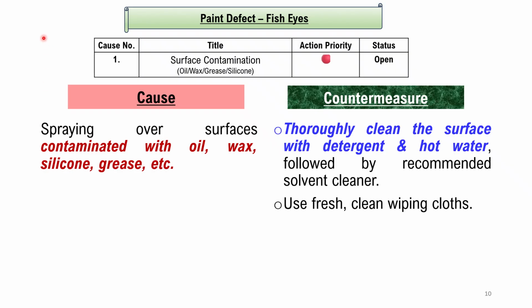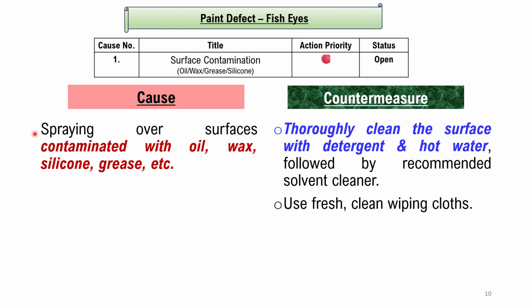What are the key potential causes and their countermeasures? Number one, surface contamination, that is oil, wax, grease, or silicone on the surface of the substrate.